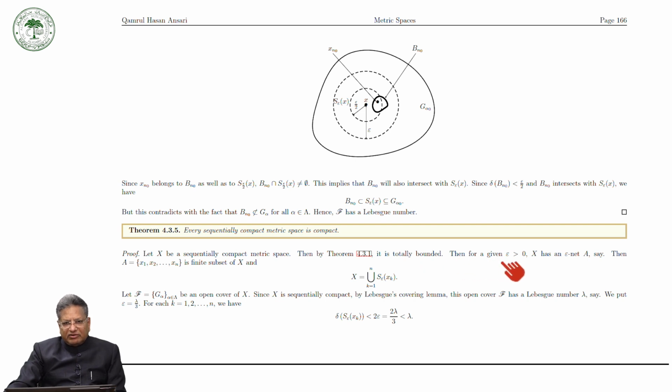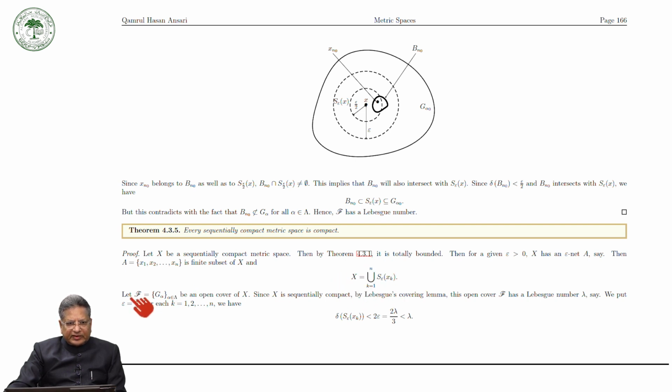So for a given positive epsilon, X has an epsilon net, say A. Then A must be a finite set, x1, x2, ..., xn, a finite subset of X, and X must be equal to the union of open spheres with center at these points and radius epsilon.